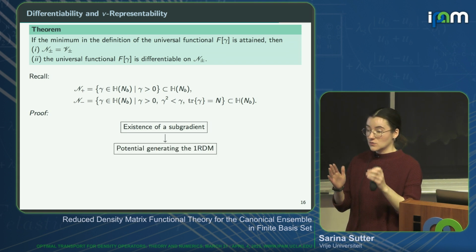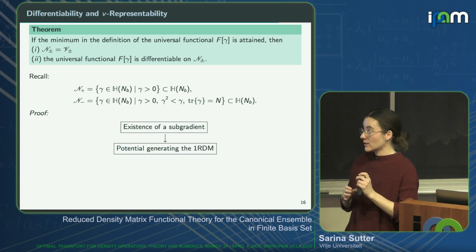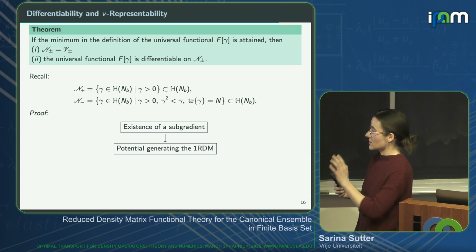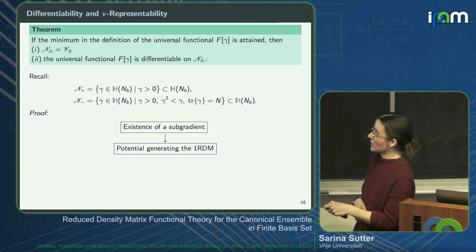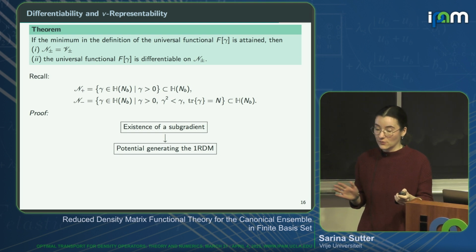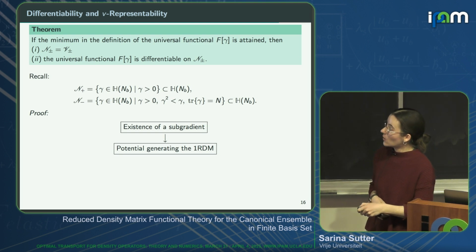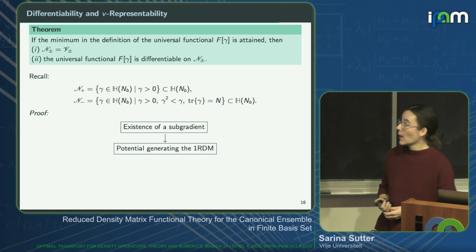Then, because we have the relation between potential and 1-RDM, this subgradient is a potential that generates the 1-RDM. Because we assume that the minimum exists, we have v-representability. So the first point is shown.